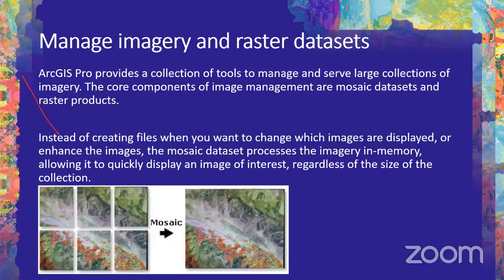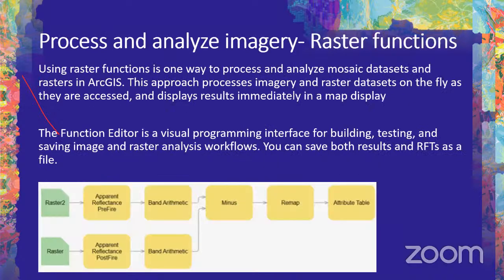Right. Let's go to the next option: process and analyze imagery using various tools. So I'll go through the available tools and functionalities in Pro, and also there are visual programming techniques like model builder for specifically rasters.